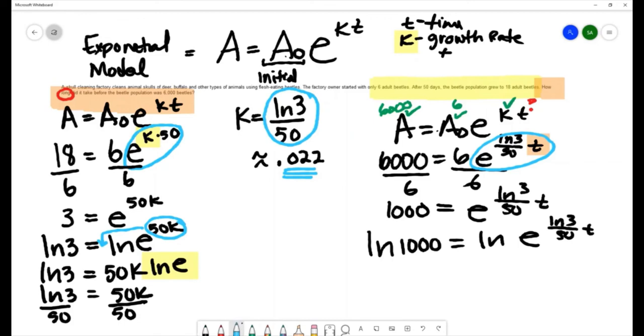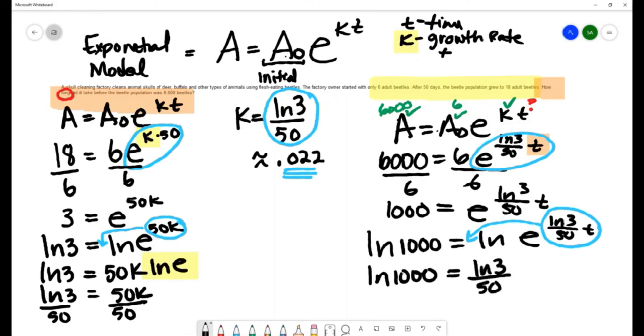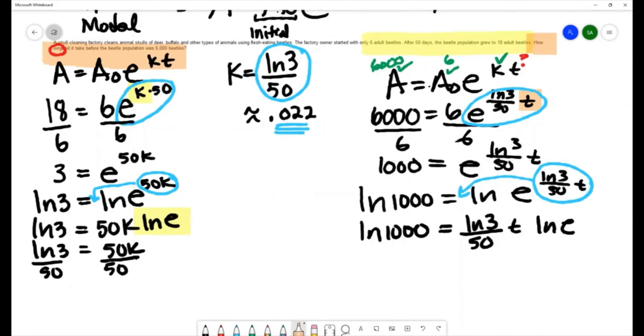Once again, I can use the power rule to bring that to the front. Natural log of 1,000 equals natural log of 3 over 50 t, natural log of e. Natural log of e is 1. We have natural log of 1,000 equals natural log of 3 over 50 t.